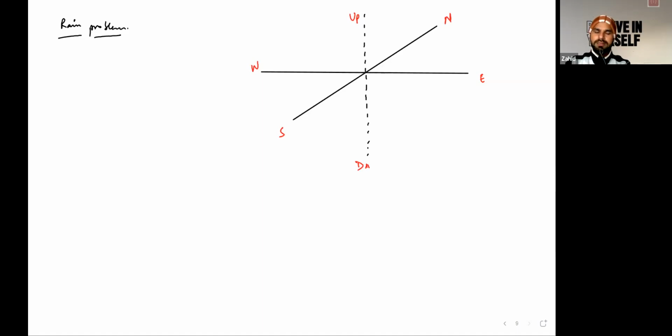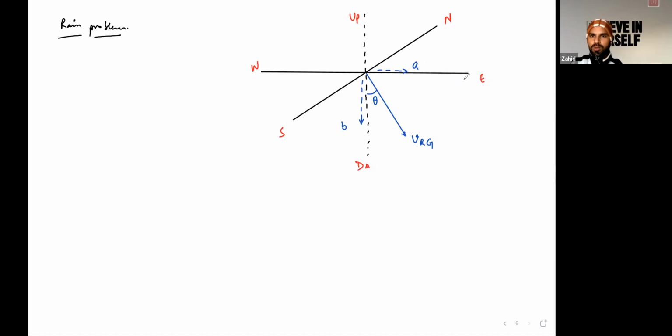Rain is falling at some inclination theta with respect to the vertical, for which there are two different components. Let's say this is the velocity of rain with respect to ground along this direction, which has inclination theta with respect to the vertical, so it will have a component along this direction, let's say B, and another along this direction, let's say A.